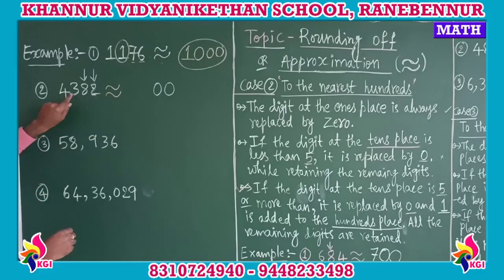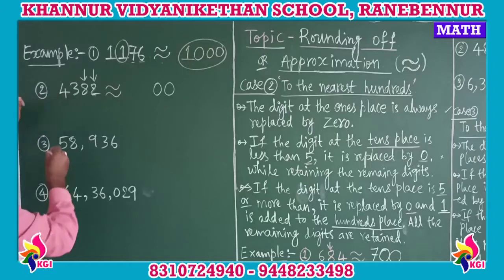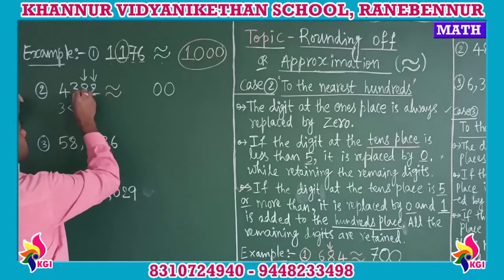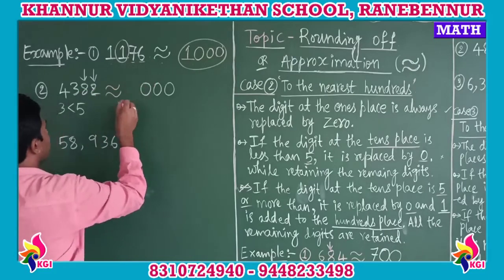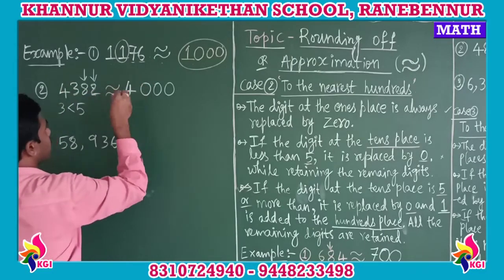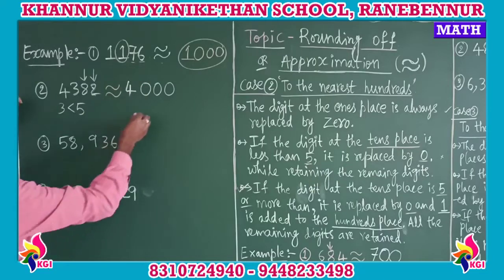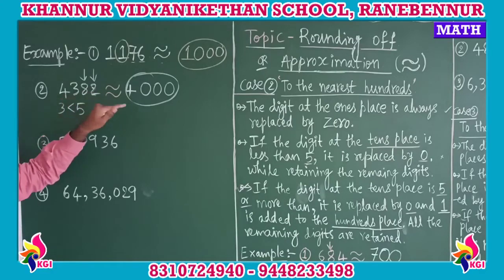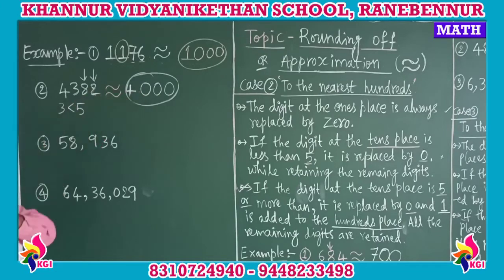Then what do you do? 3 is less than 5, so this 3 is replaced by 0. Then the remaining thousands place 4 is kept as it is. So 4000 is the rounding off to the nearest thousand. 4382, the approximate number is 4000.